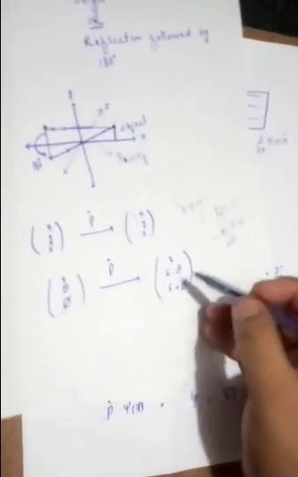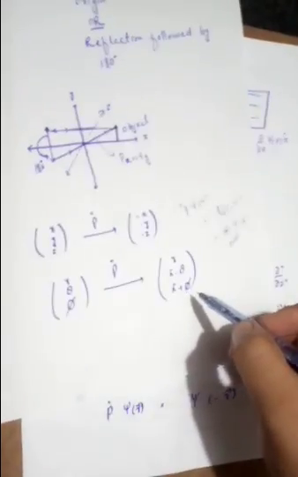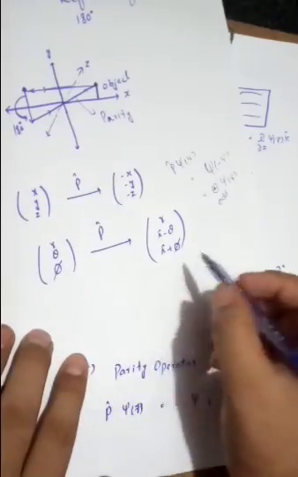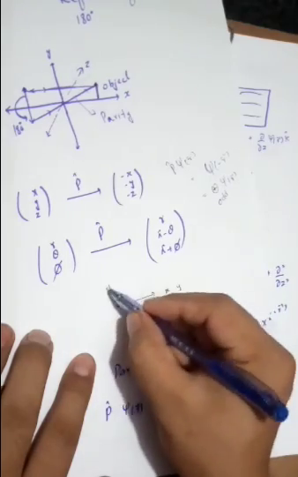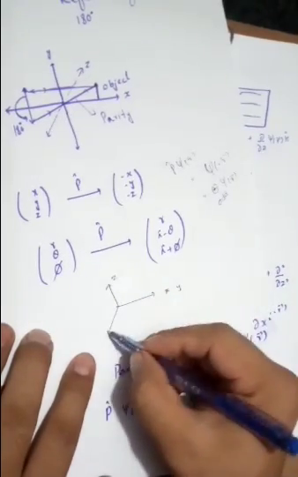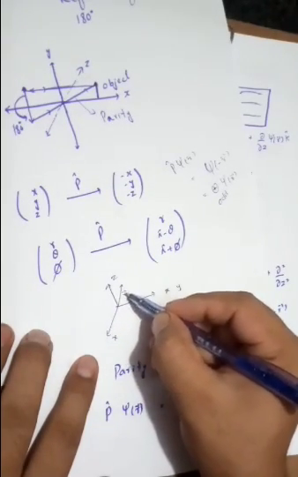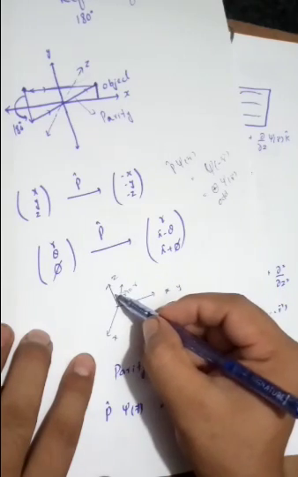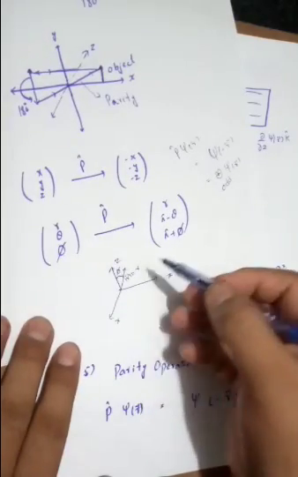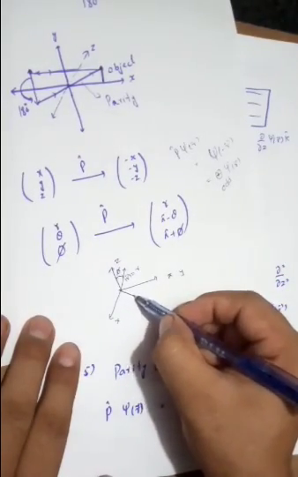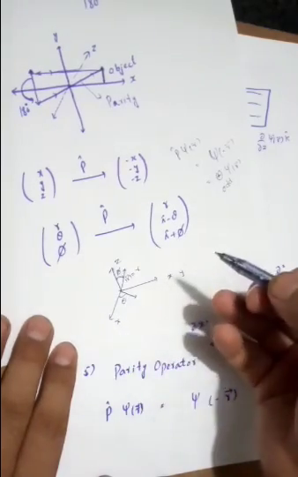So it converts theta into pi minus theta and phi into pi plus phi. But how? For example, this is our y-axis, this is our z-axis, and this is our x-axis, and we have a position vector r which defines an angle phi with the polar axis, and we get its projection on the xy plane, which makes angle theta with the positive x-axis.